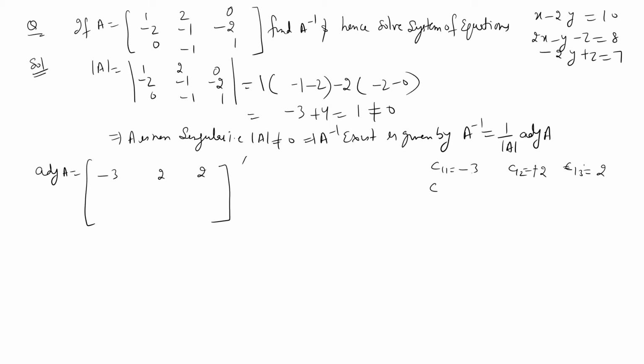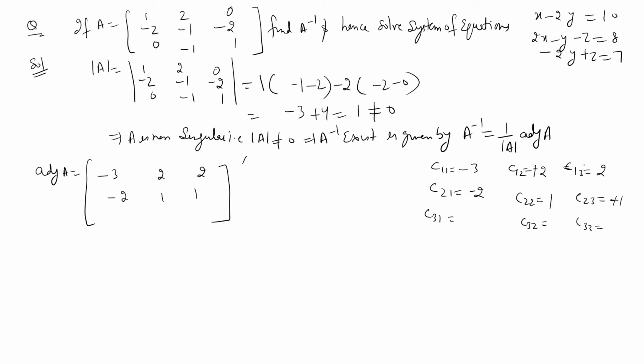Now let's go for 2 1, 2 2, 2 3. So this is negative, this is negative. For 2 1 it is minus 2, for this it is 1, and for the last one it is minus 1, so minus of minus 1 is plus 1. So the second row here is minus 2, 1, 1.